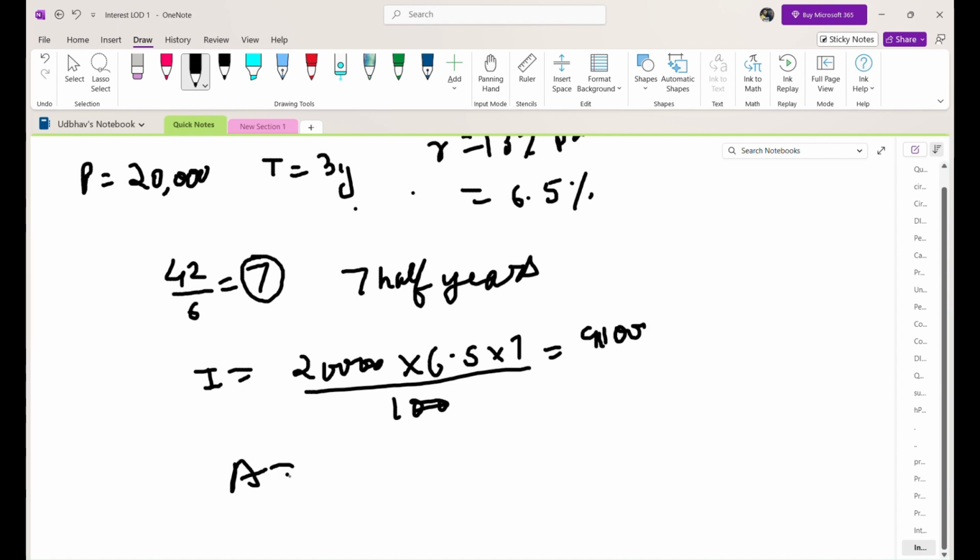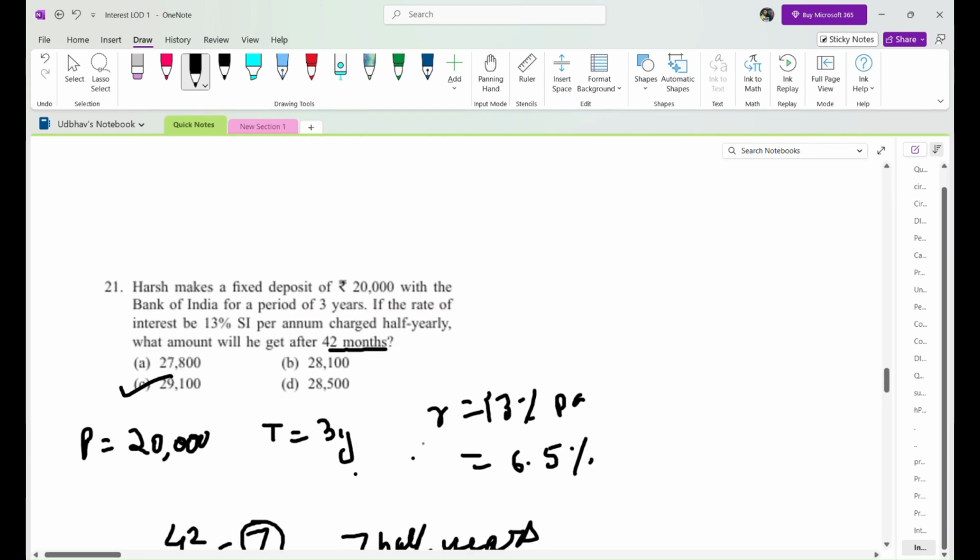So amount is principal plus interest, 29,100.